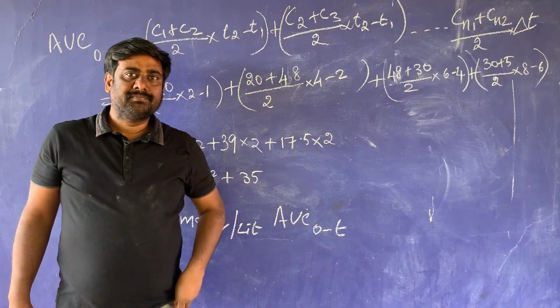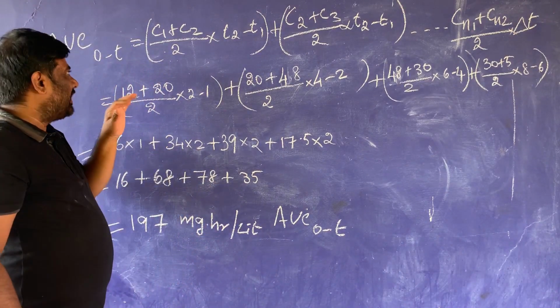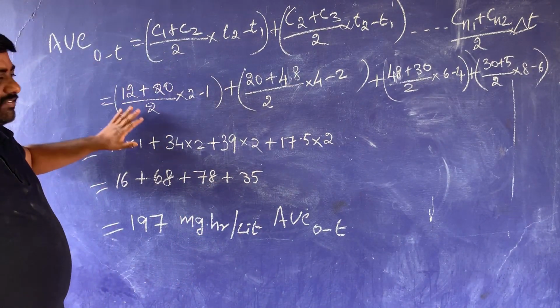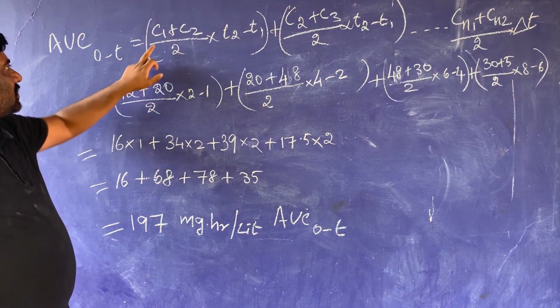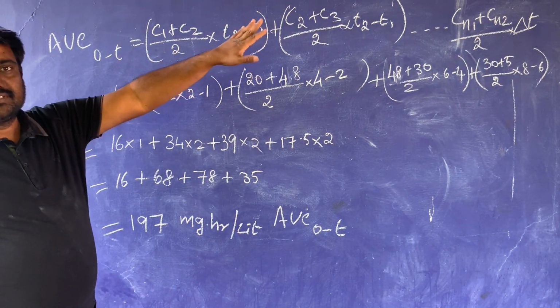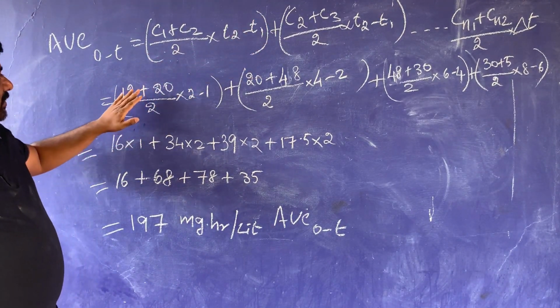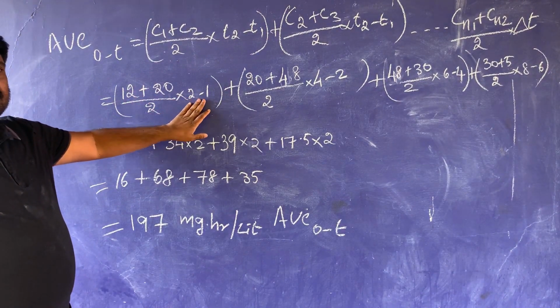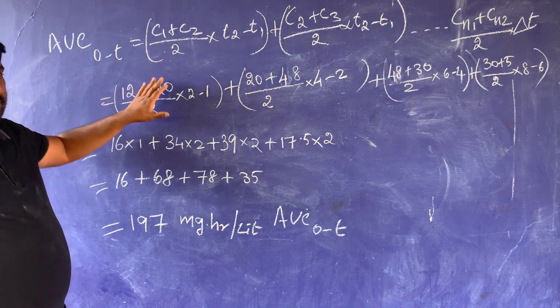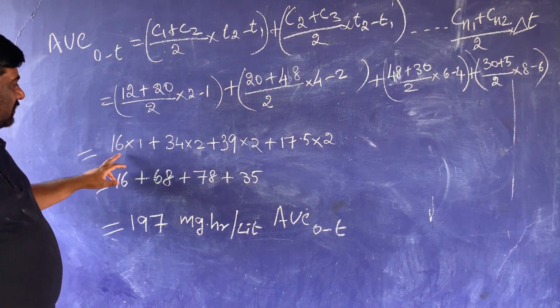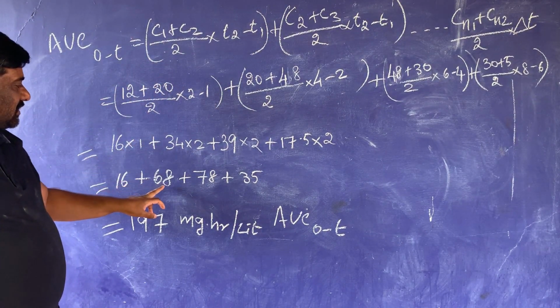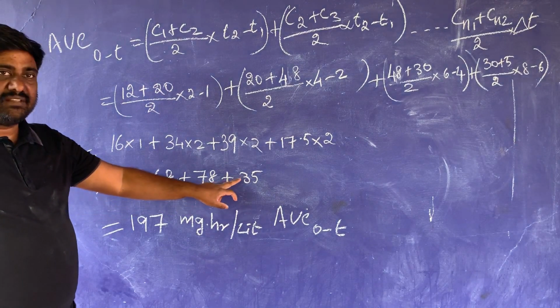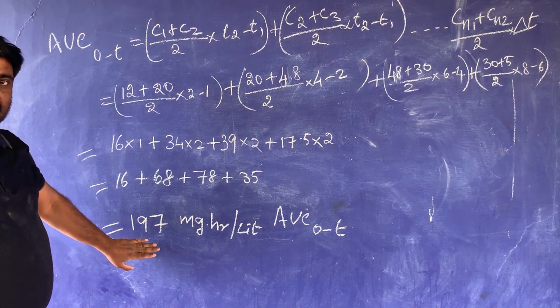So now you see that I have added all the values in the formula. So C1, C2, C3, C4, C5, C8 and times. So based on that 12 plus 20 divided by 2 into T1 minus T2. So like that for individual hours AUC is 16, 68 plus 78 plus 35. So altogether it is 197.